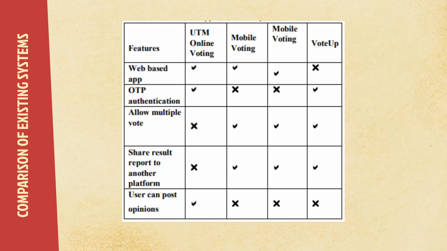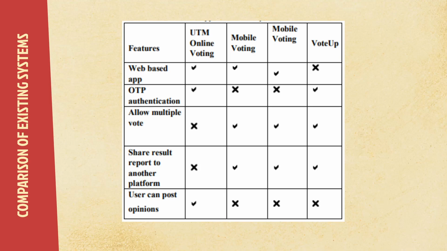The comparison of existing systems with UTM online voting. Without Vote App, every existing system and UTM online voting is a web based app, and only the UTM online voting system and Vote App have one-time password authentication.